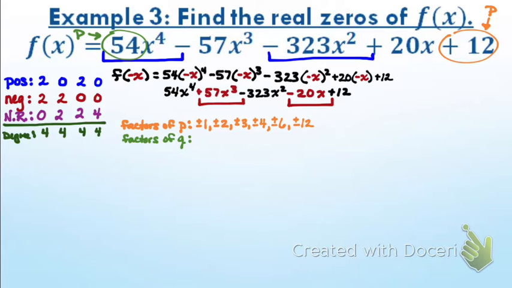So we have quite a number of these here. 1, 2, 3, 6, 9, 18, 27, and 54. So possible rational real zeros.